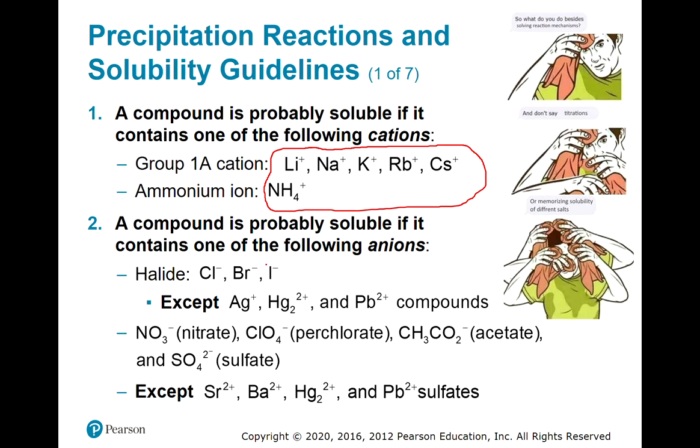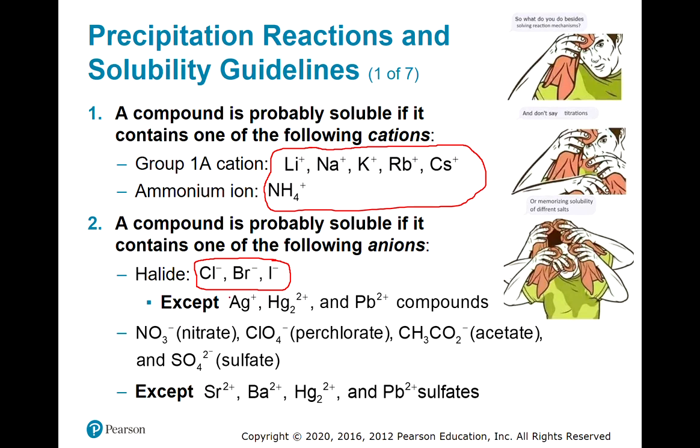Secondary to that, there are other trends. For instance, compounds that contain halide anions, so chloride, bromide, or iodide. We're not going to talk about fluoride, but any of these three more common halide or halogen-based anions are going to also be soluble, with a few exceptions.